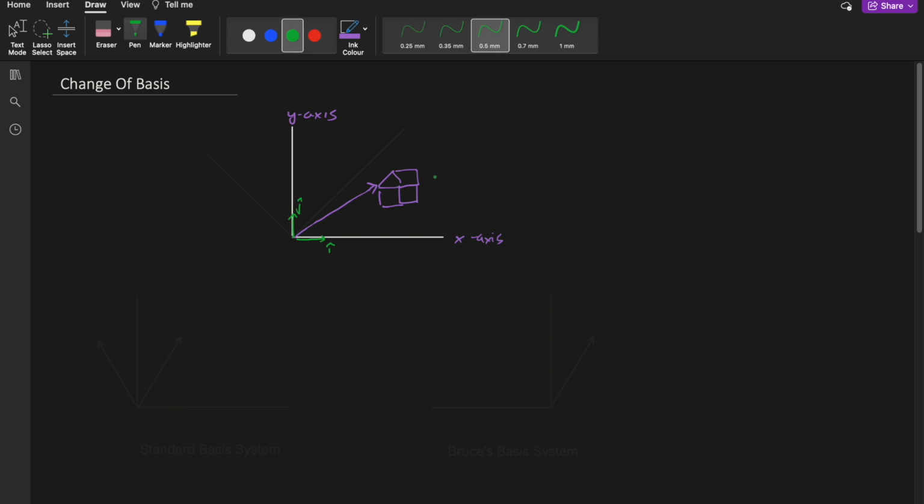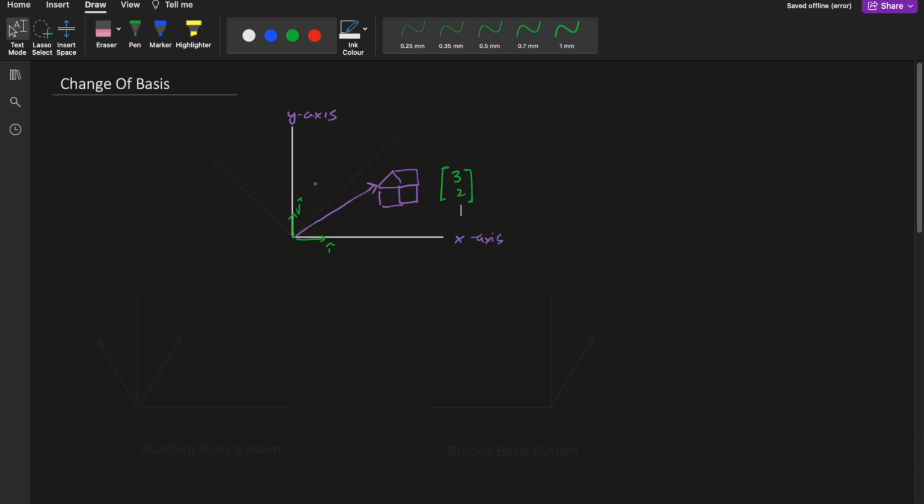According to this coordinate system, your house is living somewhere here. So 1, 2, 3, I think it's 3 comma 2. So you give this coordinate: my house is at location 3 comma 2 with respect to this coordinate system. This is the standard coordinate system with i hat and j hat as basis vectors.